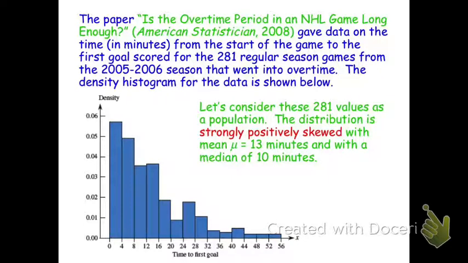They measured the time from the start of the game to the first goal scored for all 281 regular season games. They found that the average was 13 minutes and the median was 10, so that means it was a positive skew. Where's density? That would be like the relative frequency.